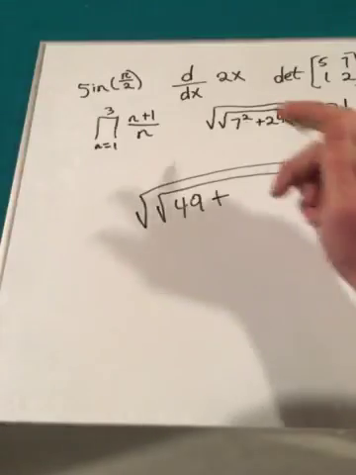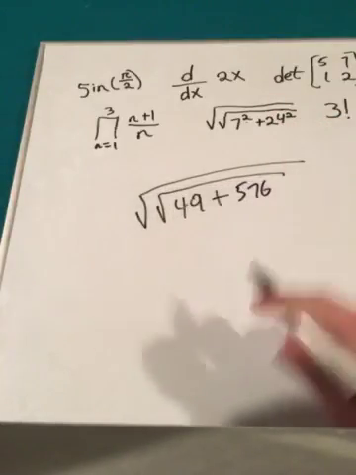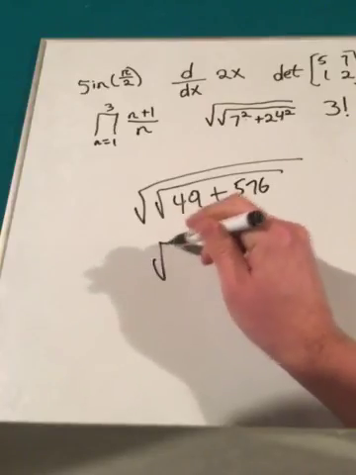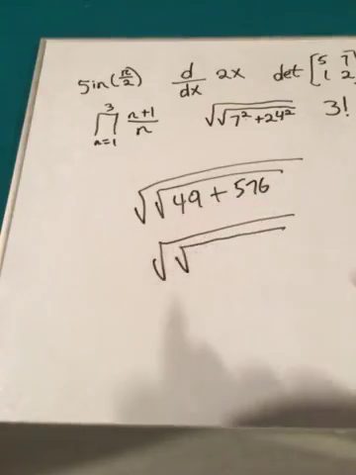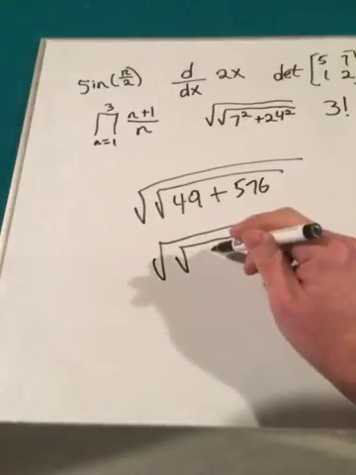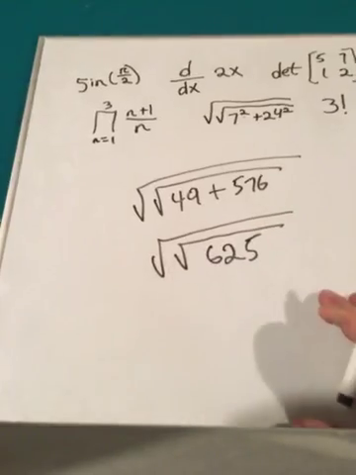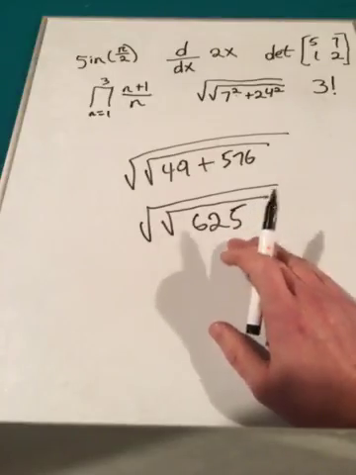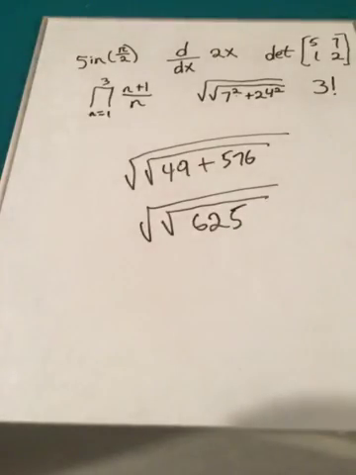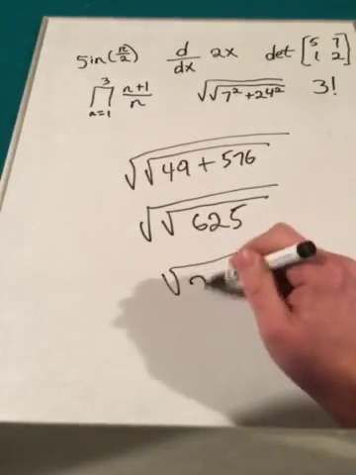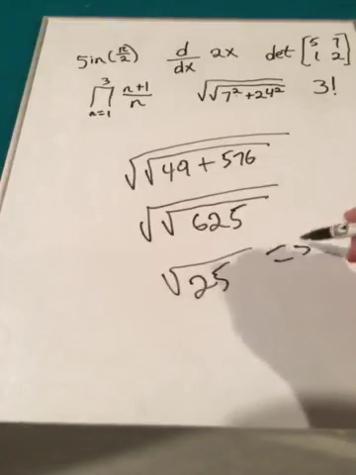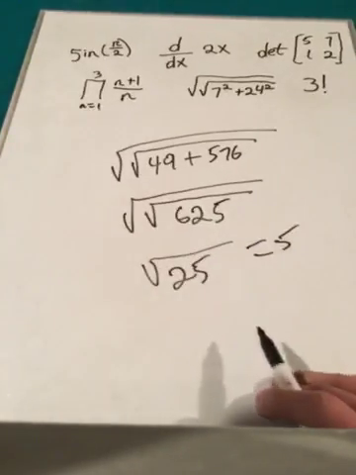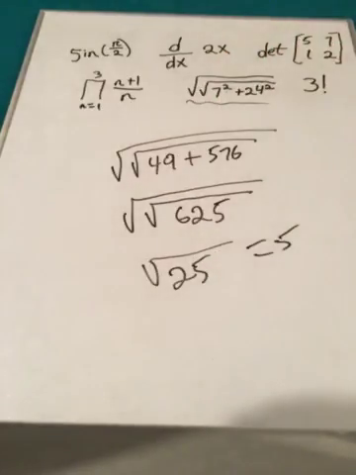I believe it's 576. Okay, so we have the square root of 576 plus 49. Well, that's 625. So what's the square root of 625? That's 25, because 25 times 25 is 625. Okay, so we have the square root of 25. Oh, but that's 5. So here's another fancy way to write 5.